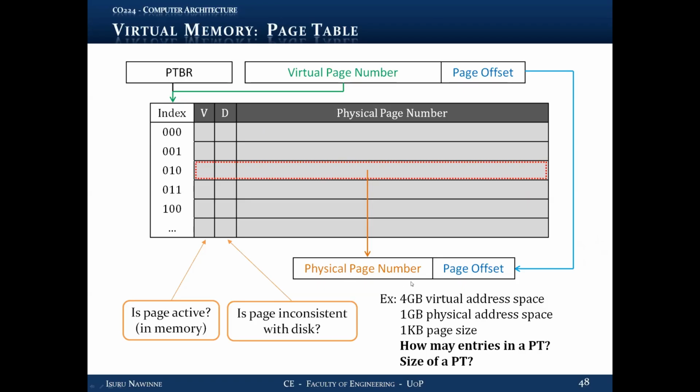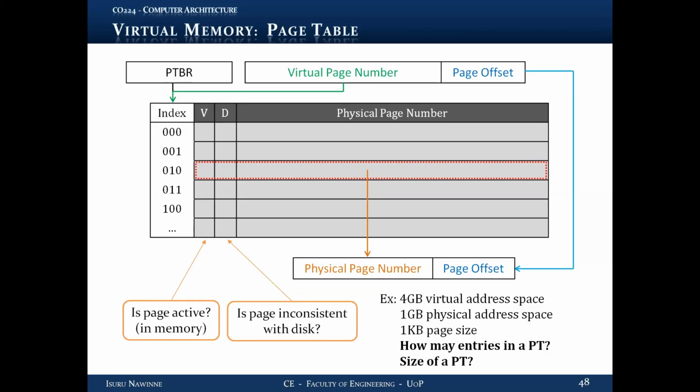That means, how many bits in a physical address? Physical memory is 1 GB.